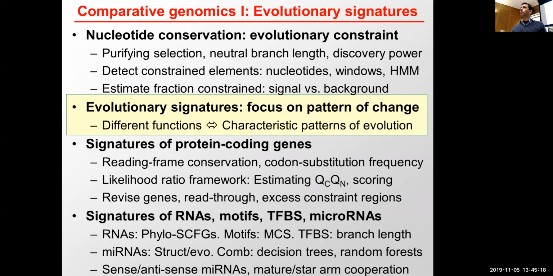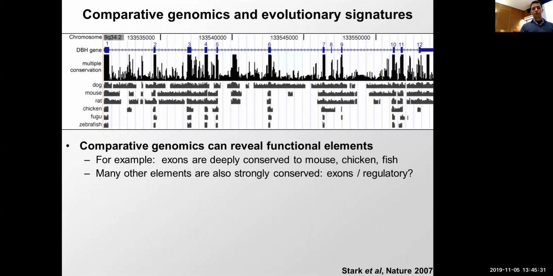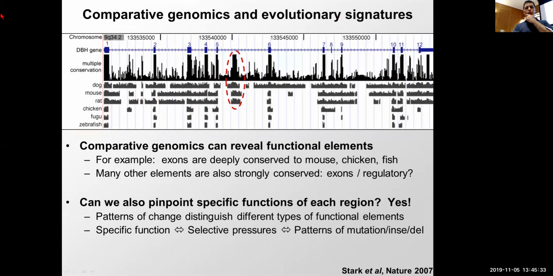Sounds good? So now that we've talked about constraint at the nucleotide level and measuring regions that are under constraint, let's now discuss the patterns of constraint, so increasing the complexity here. As I mentioned earlier, there's this funny region here in the middle, okay?